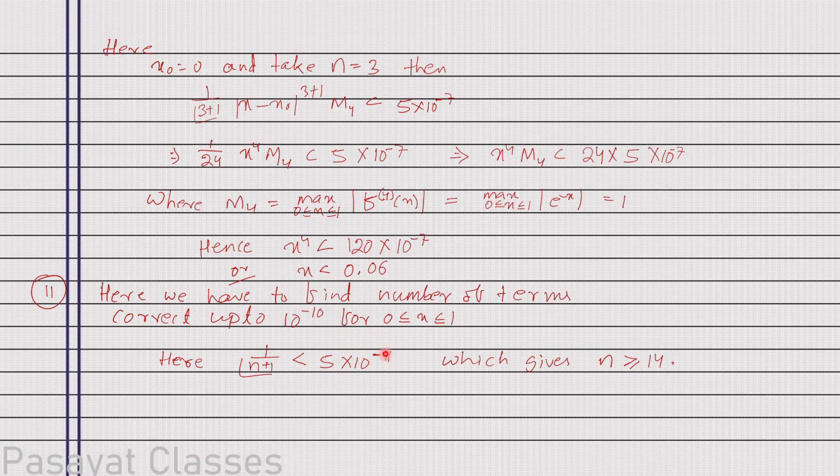Here we take the next term, that is 10 to the power minus 11, and solving this by hit and trial method we can find the value of n greater than or equal to 14. If we take 1 by (14 plus 1), that means 15 factorial, it is always less than or equal to 5 into 10 to the power minus 11. Clear? So we get the value of n equal to 14. So the number of terms required is 14 or a larger number.